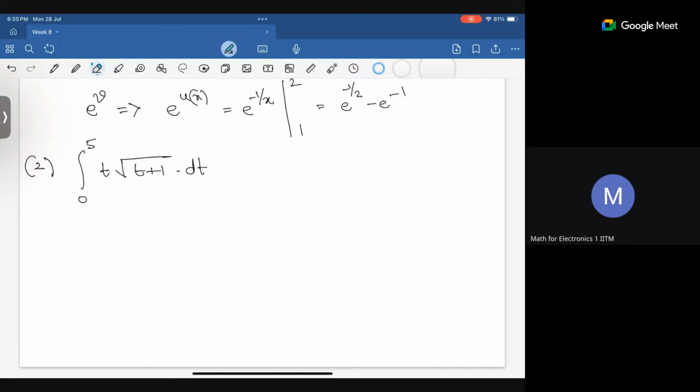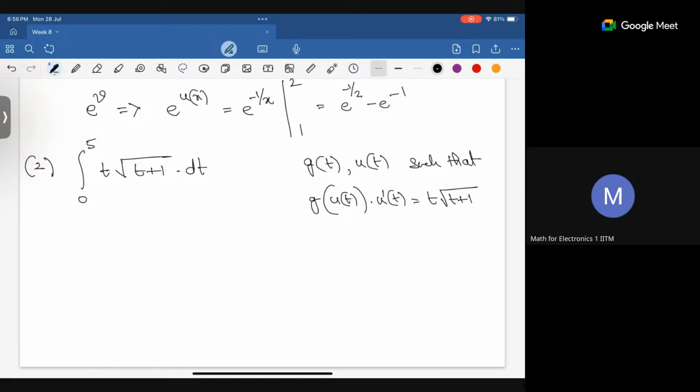Okay, so first let us all convince ourselves that the direct antiderivative we don't know. Right. So what we have to do is to come up with g of t, u of t such that g of u of t into u prime of t gives us t square root t plus 1.